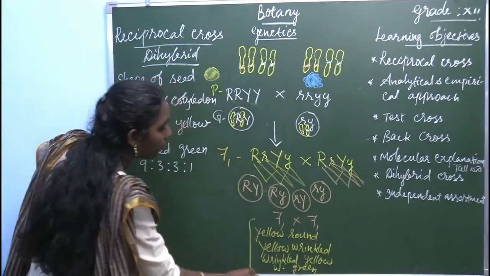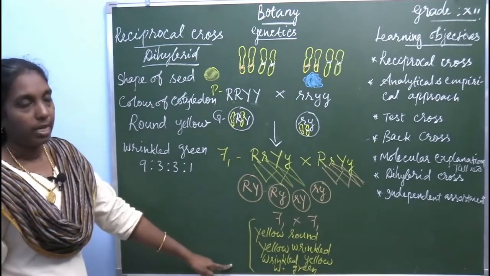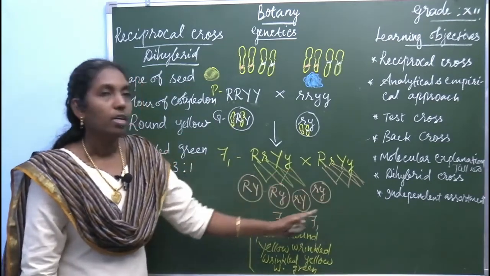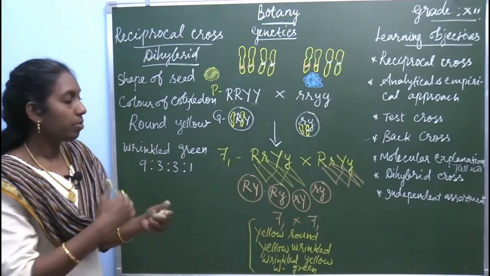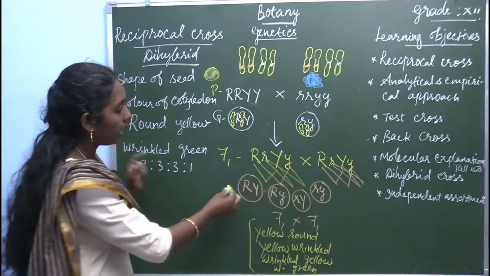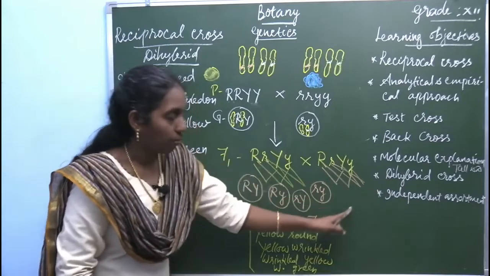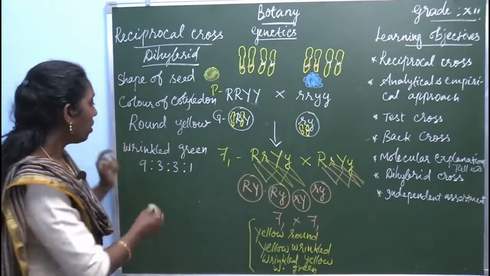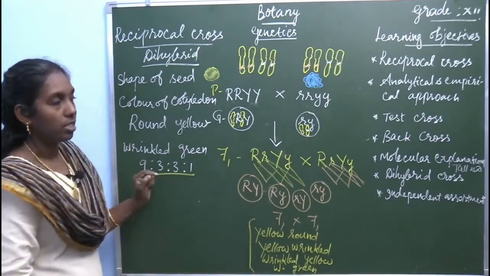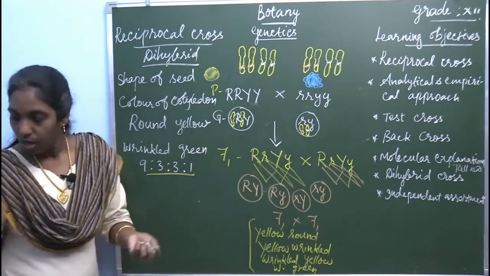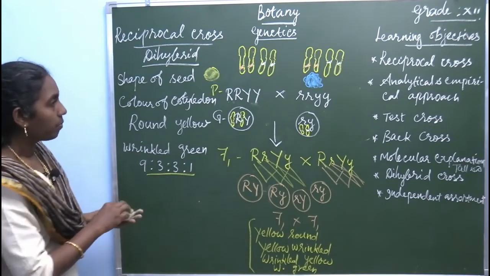So these are the four possible types of gametes. When you take one set as male and the other set as female, you get the ratio 9:3:3:1. Let us check the ratio, how it appears.